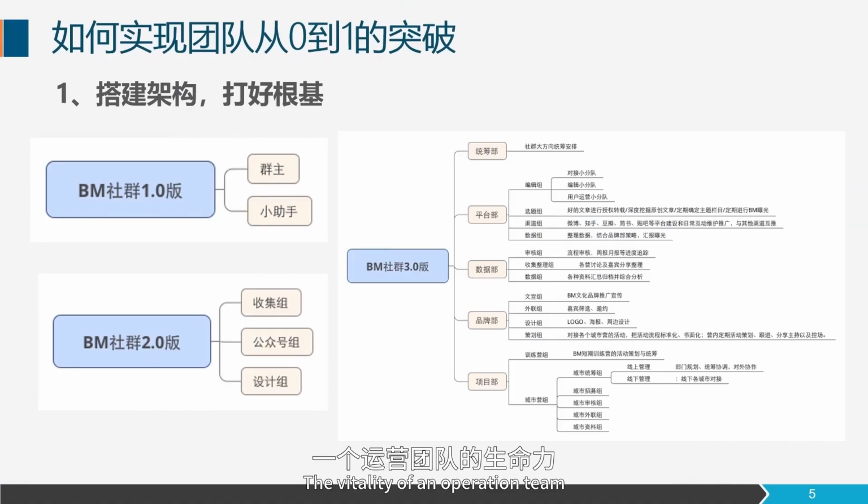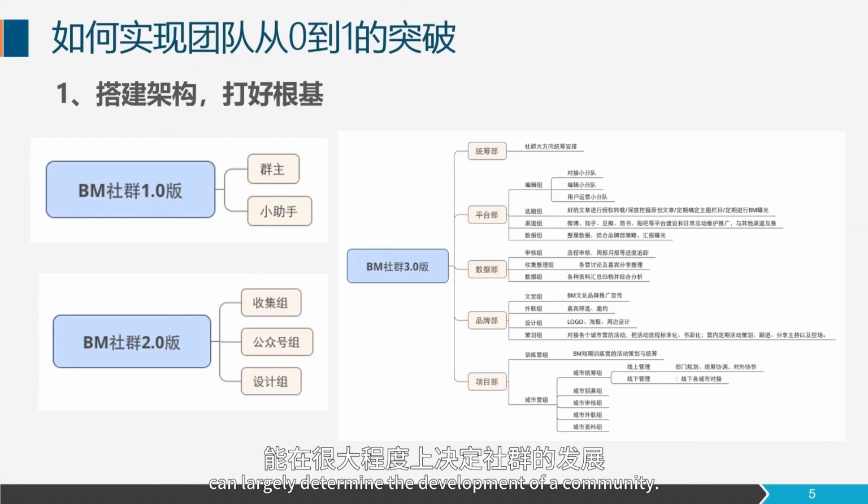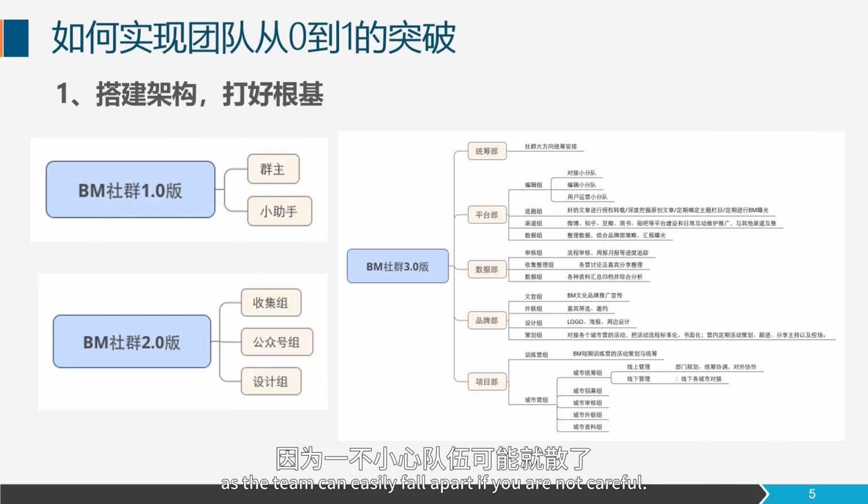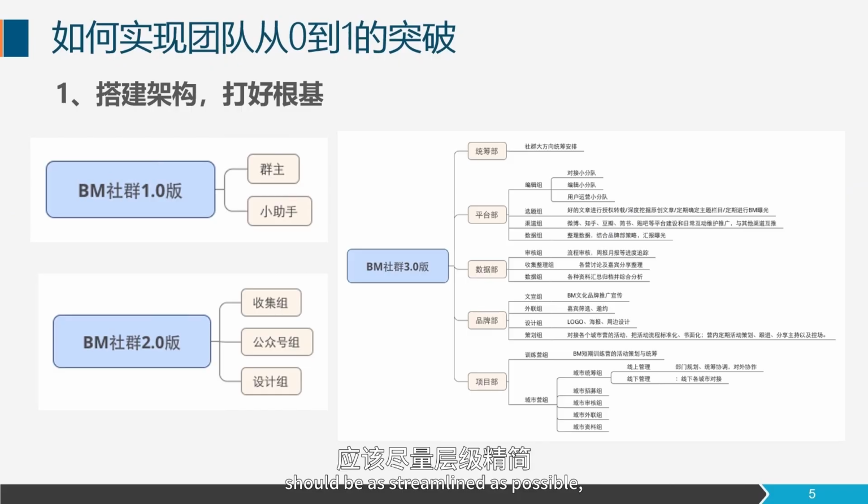The vitality of an operation team can largely determine the development of a community. Building a team without experience is the most difficult thing, as the community team can easily fall apart if you're not careful. Just like offline organizations, the organizational structure of a community should be as streamlined as possible, with a clear division of responsibilities.